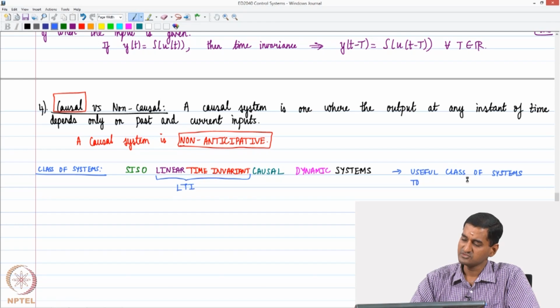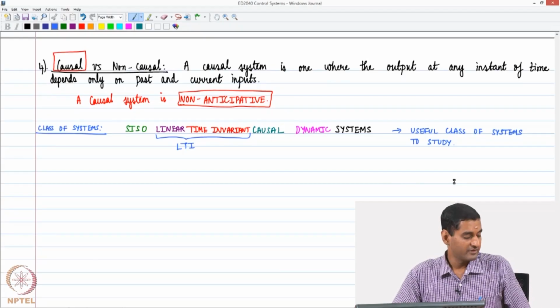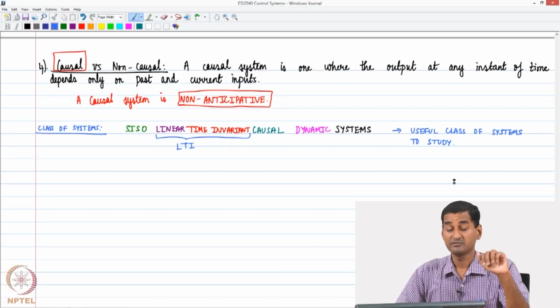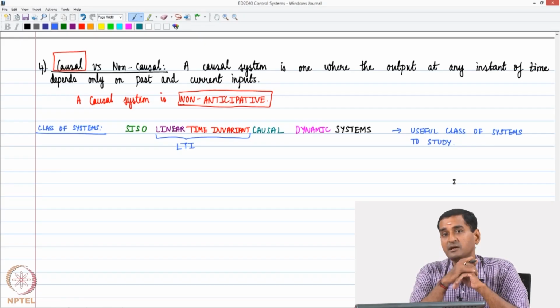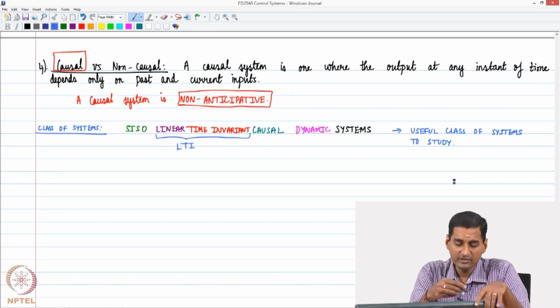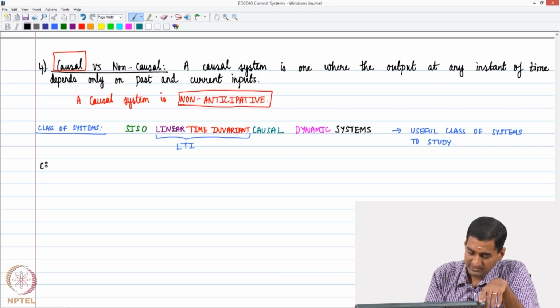So this is a useful class of systems to consider and study. That is what we are going to study in this particular course. Now, having looked at the word system, we come to the word control.